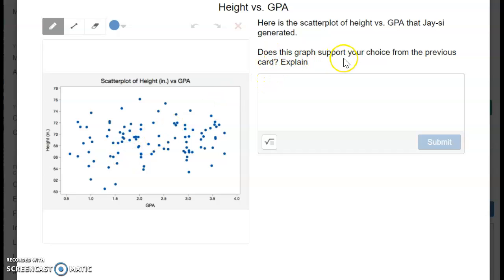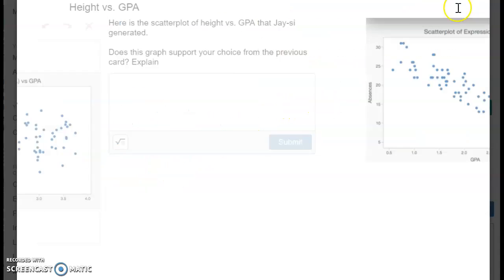So does this graph support your choice from the previous card? It does not look like the students who did better on their schoolwork or higher GPA were taller or, for that matter, shorter. They would seem to be a lot more random. So my thought is, I don't think the height makes much difference to your GPA. So I would say no.